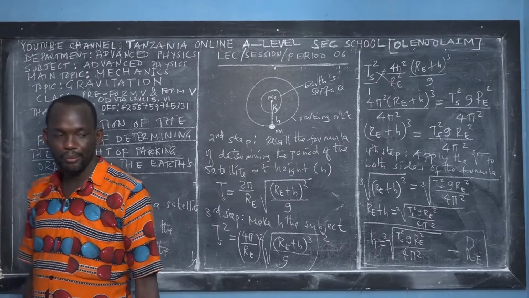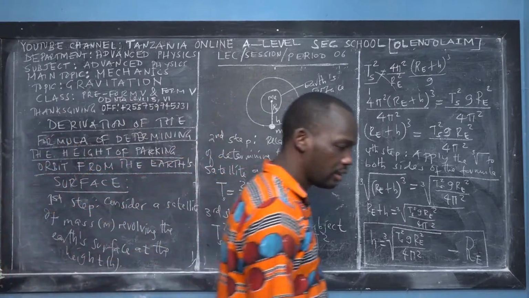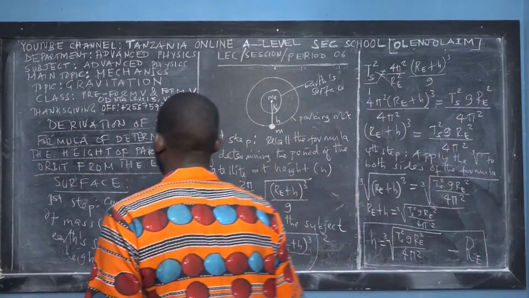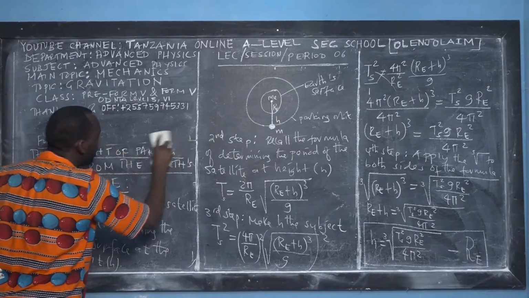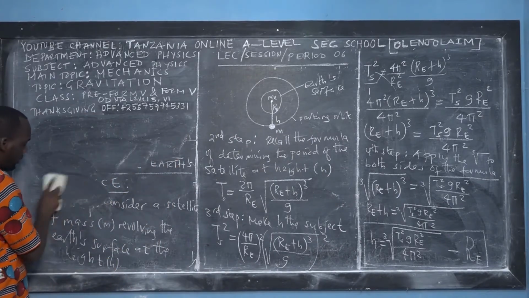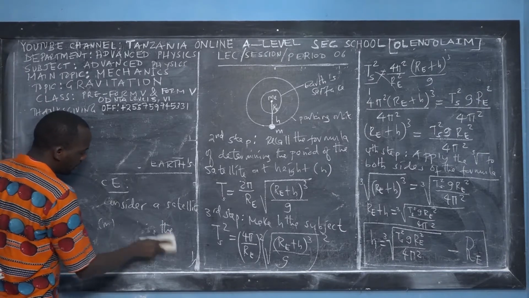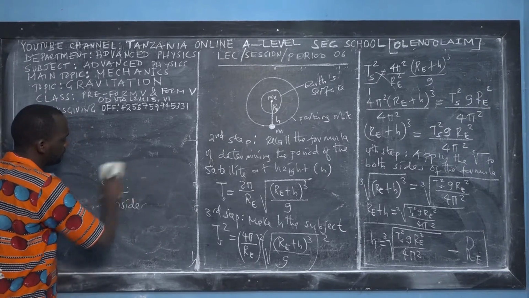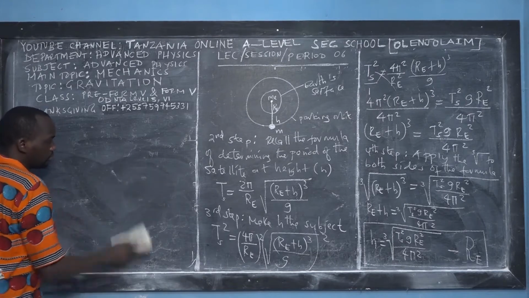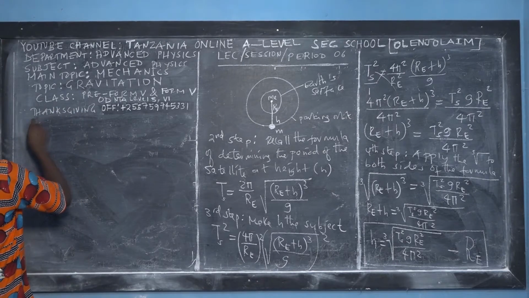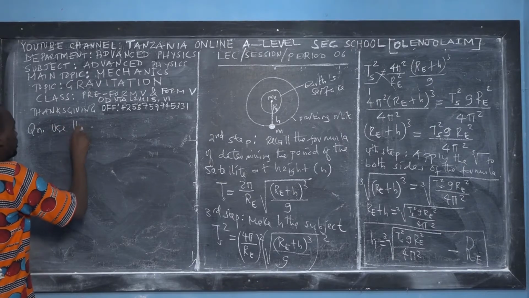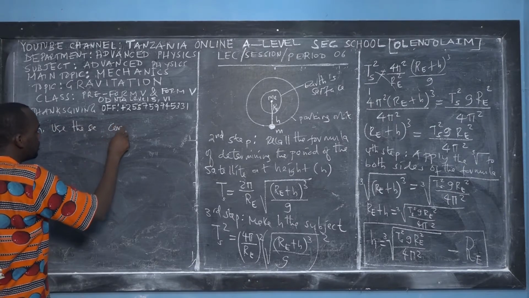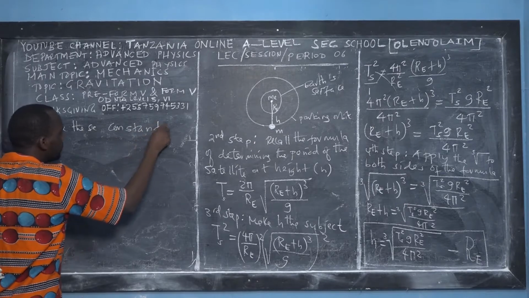So now you can use that formula to determine the height of the parking orbit, because it's very important for you to understand the concept. You might have a question: use these constants.